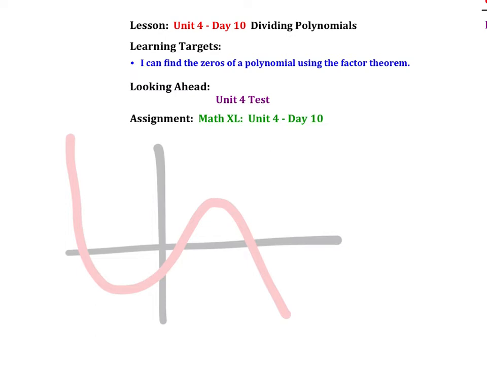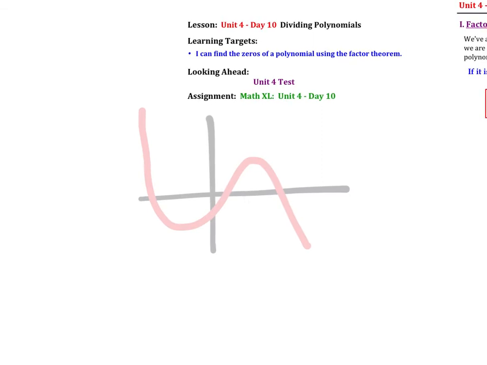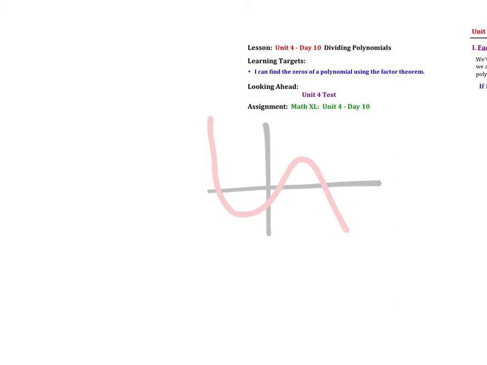Okay, so right now I'm noticing that this graph looks like it's got 1, 2, 3 zeros, right? 3 x-intercepts. And if I graphed that, it would be pretty easy for me to determine that. But what if I had a scenario in which the cubic maybe looks something like this?